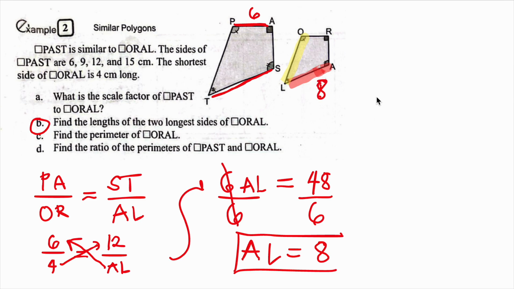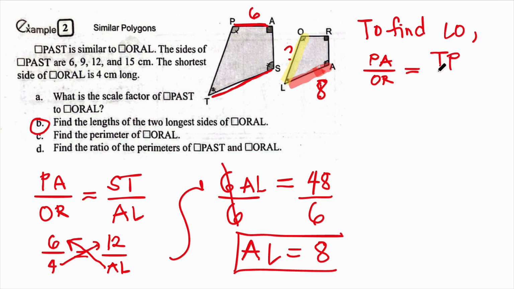Now let us find LO. To find LO, we use the proportion PA over OR again, and that is equal to TP over LO.